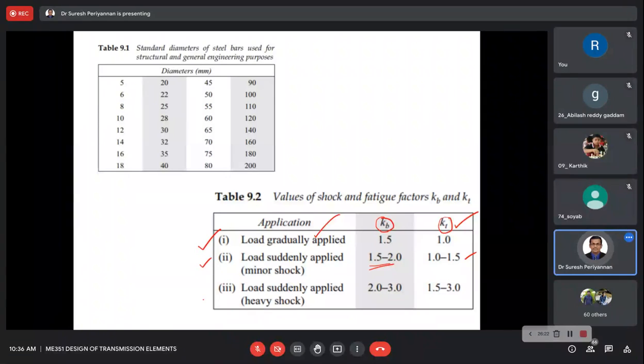Now, third case, the load is suddenly applied with heavy shock. Then the Kb and Kt values also increase: 2 to 3 for Kb, and 1.5 to 3 for Kt. These are standard values obtained from the design data book as suggested by the ASME community. This is the value we are going to use in our problem.